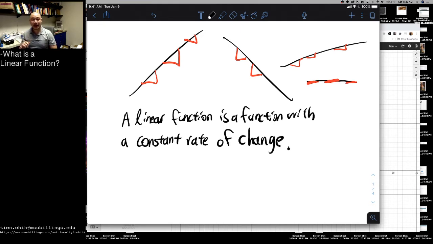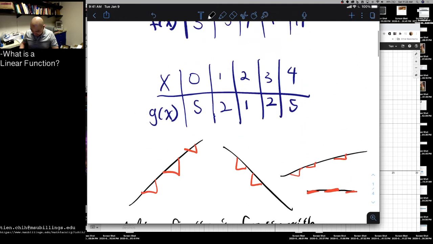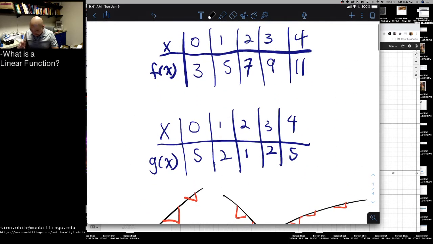All right. And so to illustrate this, I wrote out some sample examples of partial descriptions of functions. And what I want us to ask ourselves for a moment is which one of these looks like it could represent a linear function or could come from a linear function.